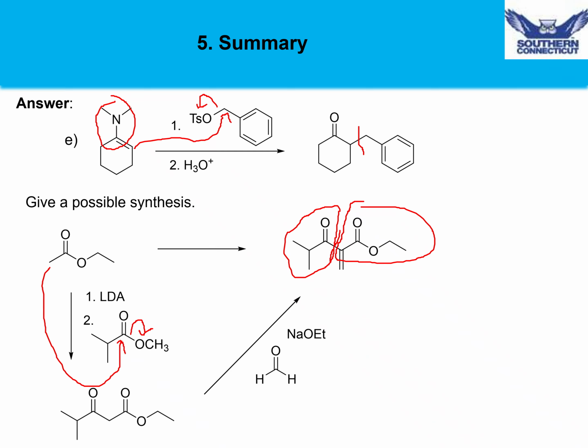So that gives us the keto ester that we see at the bottom of the slide. Then to add the double bond in between the two carbonyls, we can add base and formaldehyde. So this carbon would turn into an enolate, it would attack this carbon, and after dehydration, we would get a double bond there. And so that would lead us to the final product.